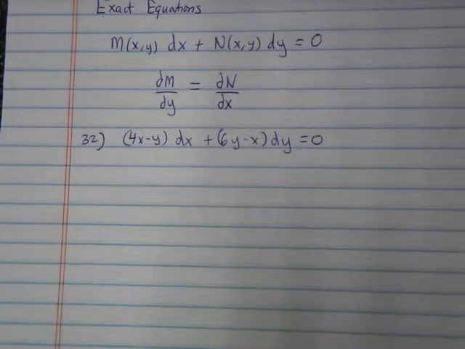If that problem were given to me on a quiz or a test, I would look at that and almost immediately say, that's exact. But before I can say that for sure, I do need to check it.